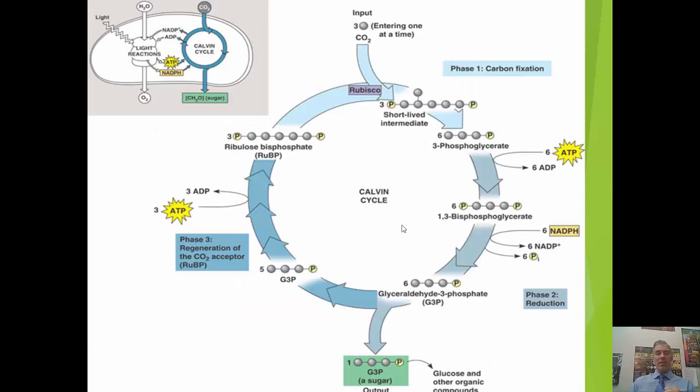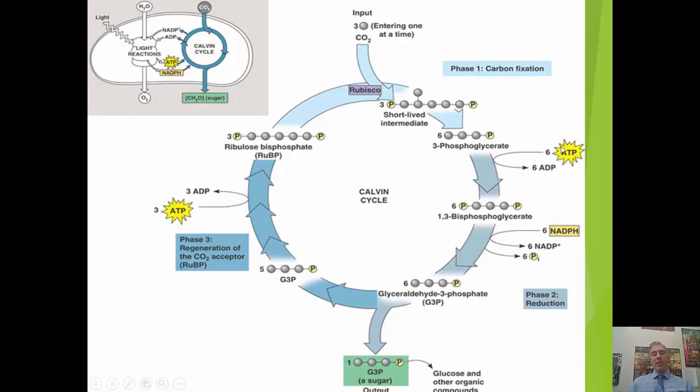And this is the process. Now notice, it looks somewhat complicated, and the real thing is actually more complicated than this. This just gives you little circles to represent carbons. But notice you take 3 carbon dioxides and put them in, and you spit out a 3-carbon sugar. Perfect. So 3 carbons go in, a 3-carbon sugar comes out.